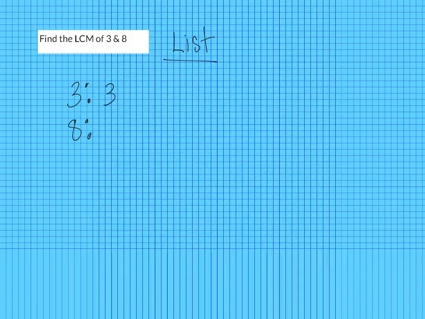So we're going to list multiples of 3. 3 times 1 is 3, times 2 is 6, times 3 is 9, etc. So 12, 15, 18, 21, 24, 27, 30. And we could keep going if we needed to.